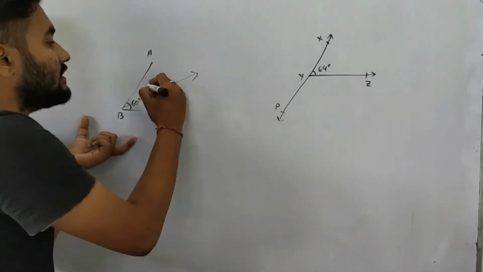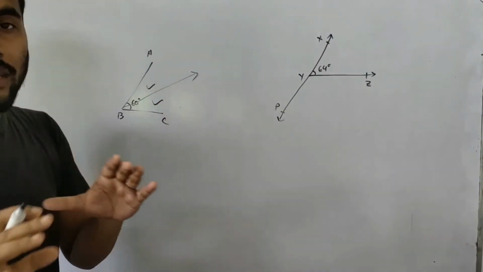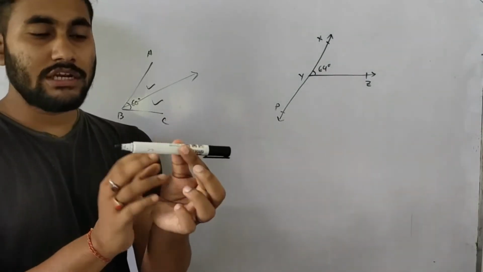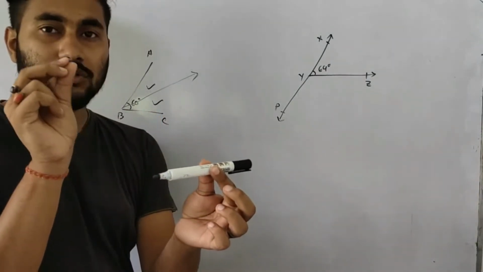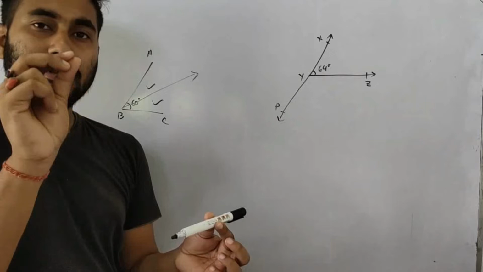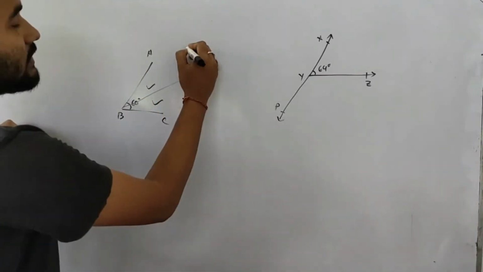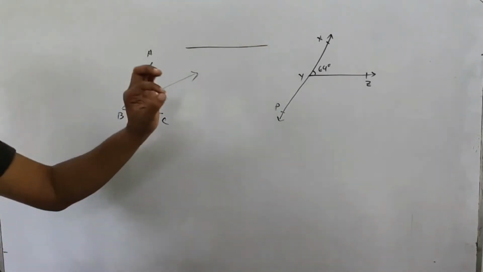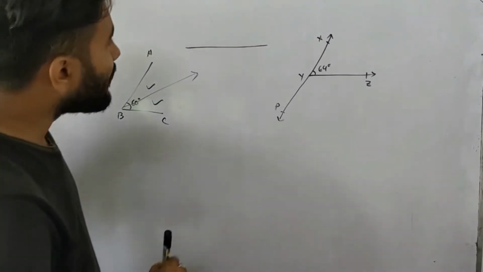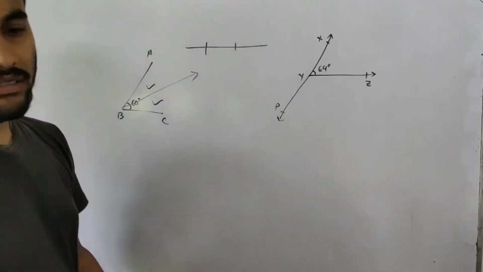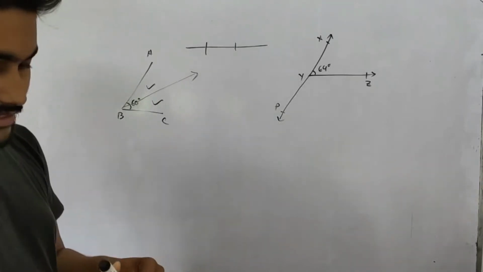This means this portion and this portion are equally divided. Bisect means divide that portion in two equal parts. Bi means two. Then there is also trisect. Trisect means, if you consider a line and I say trisect this line, that means divide this in three equal parts.